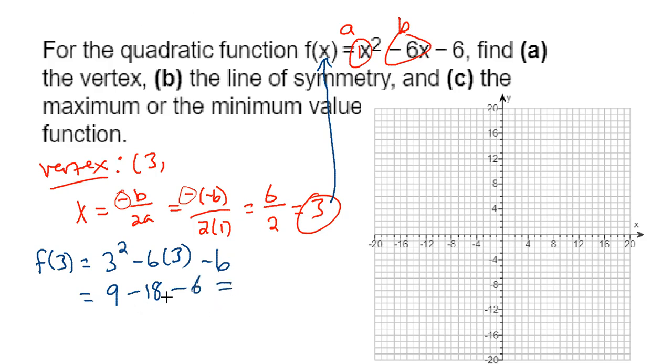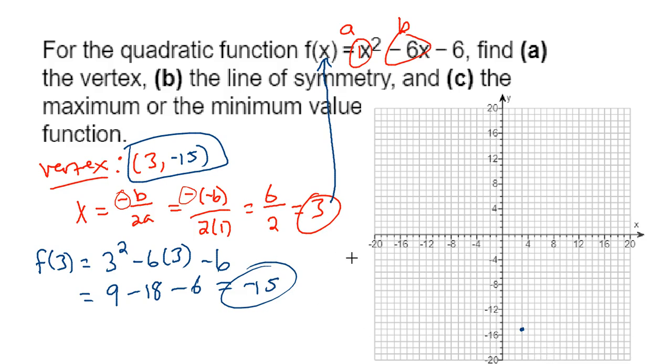Which will be negative 9 minus 6, which will be negative 15. All right, so I'll get negative 15 for y. And that'll be my vertex. So 3 comma negative 15, which is going to be way down here. There's negative 15, and then 3 over from that would be this slightly thicker line right here. All right, so that's where the vertex is located.